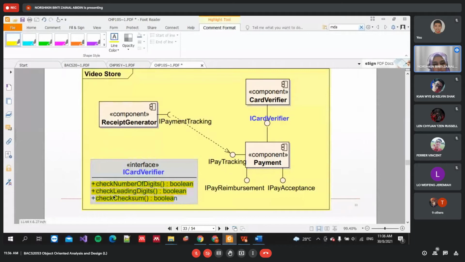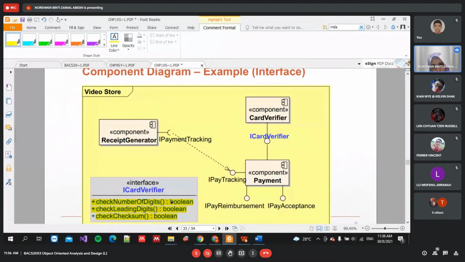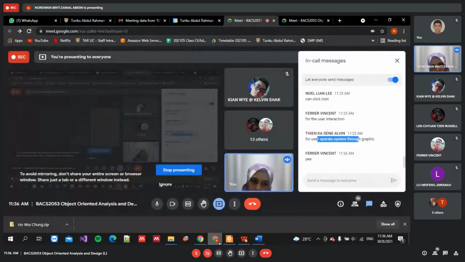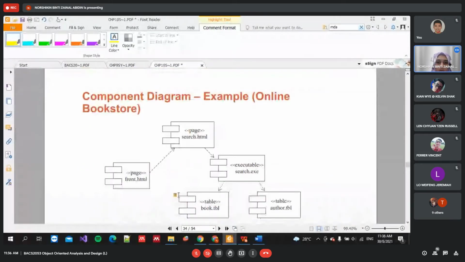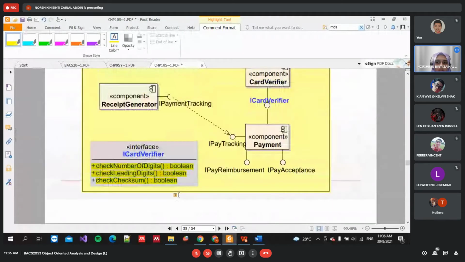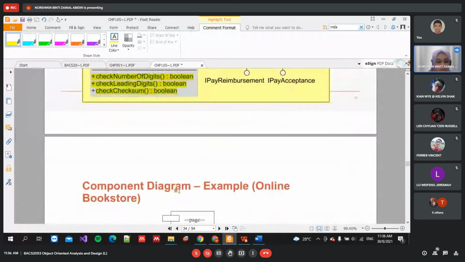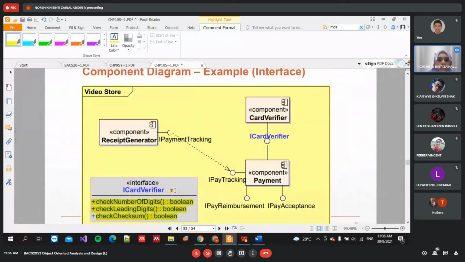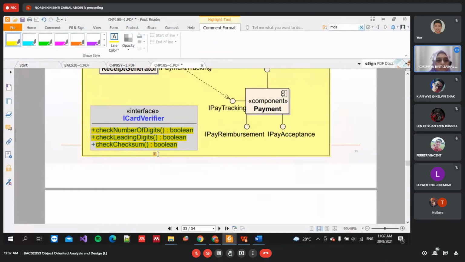Check number of digits, leading digits, and check sum. This is the example of the interface of the video store. I think you know what Boolean is. So that is the example of a component diagram for the video store.